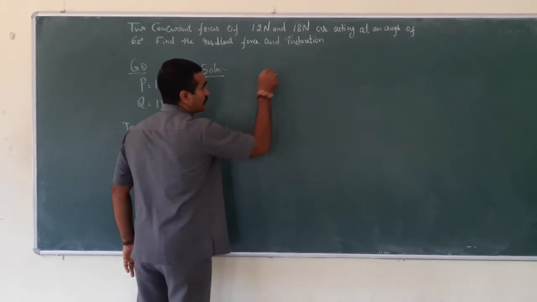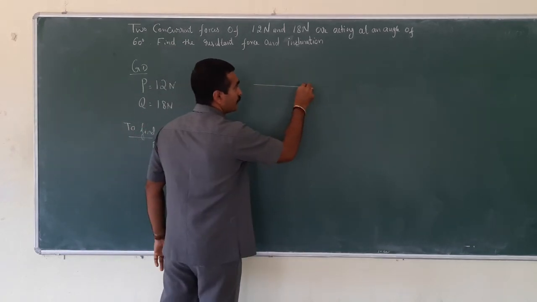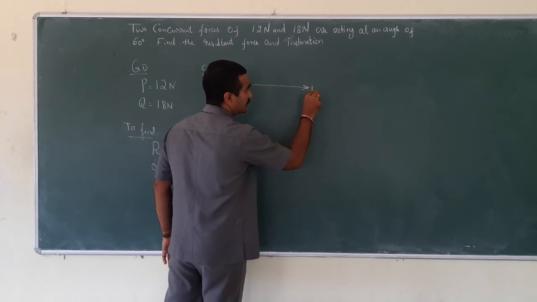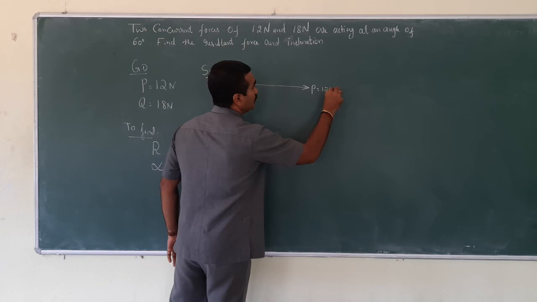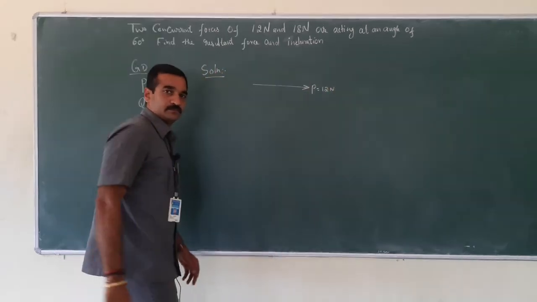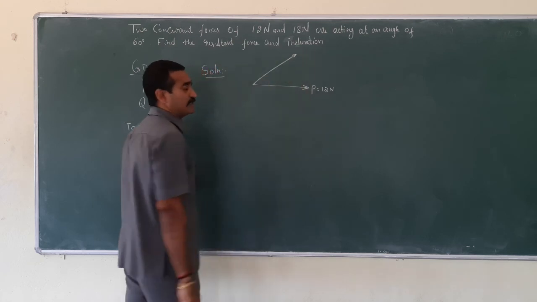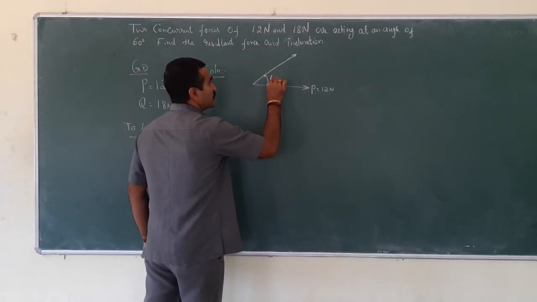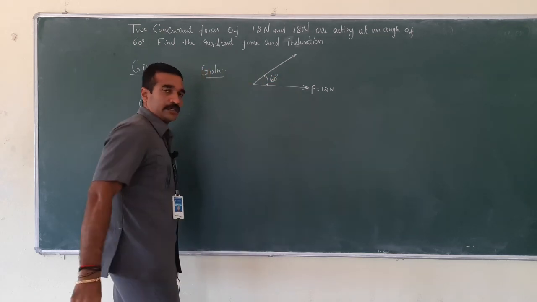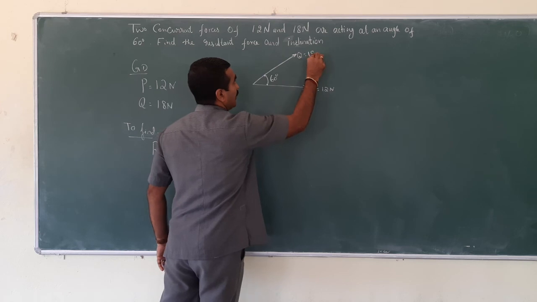So let me draw a horizontal line, mentioning this as P, which is 12 Newton magnitude. And at an angle of 60 degree, one more force is acting, with magnitude Q equal to 18 Newton.